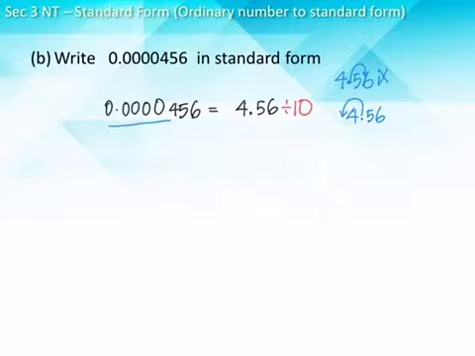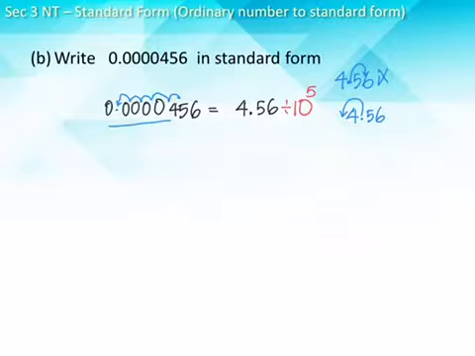Then in taking this number, I need to divide by 10. 4.56 divide by 10 one time, 2, 3, 4, 5 until I get the decimal place over here. So I'm dividing by 10 to the power of 5 times.